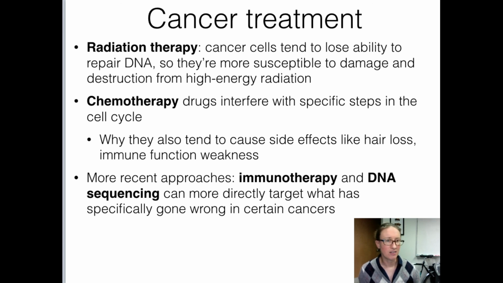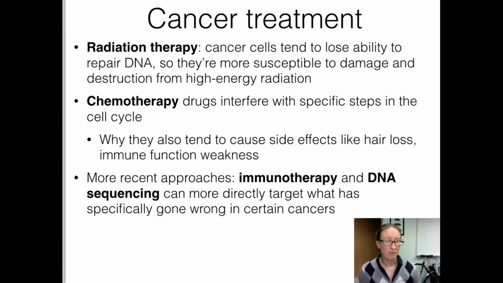The cancer cells tend to lose their ability to repair DNA. We'll talk more about that later in the course. Because they've lost that repair ability, they're much more susceptible to the damage and destruction from that high energy radiation, so they'll often be killed sooner than other cells in a person.